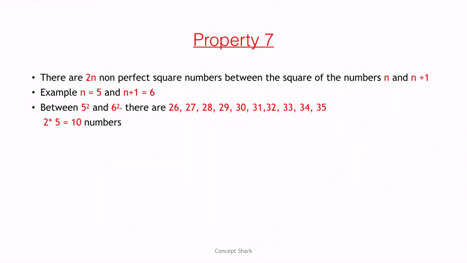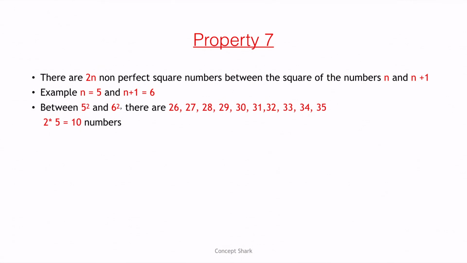Property number 7. There are 2n non-perfect square numbers between the squares of the numbers n and n plus 1. For example, let's take n is equal to 5 and n plus 1 is equal to 6.